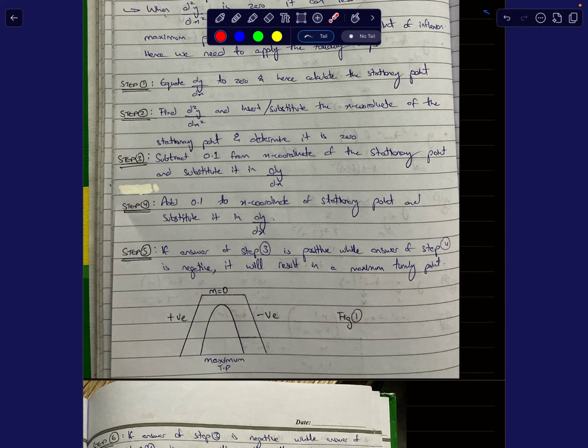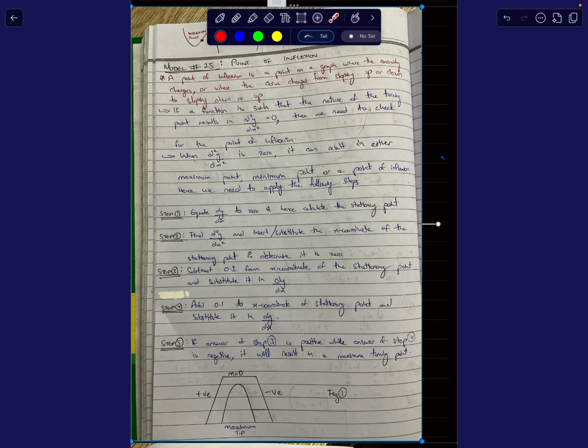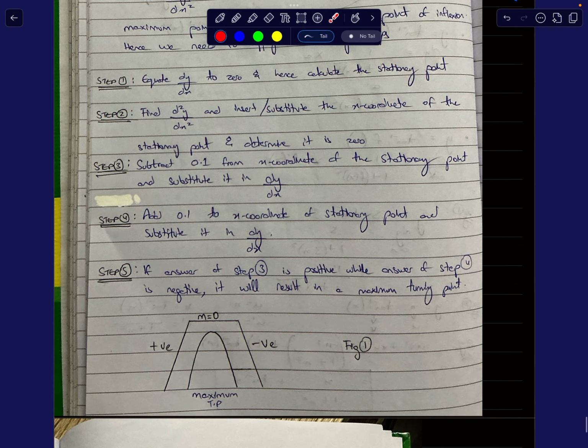Once we do that, we are going to substitute in 0.9 in the differential we found, and then after we add 0.1, we are going to substitute 1.1 in dy over dx.